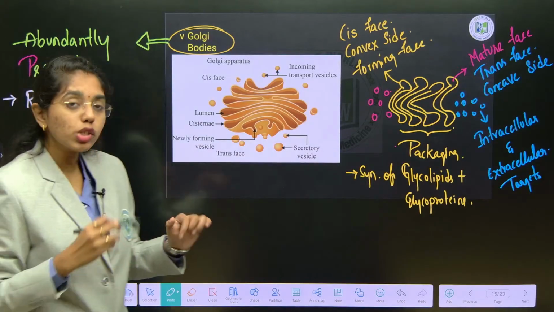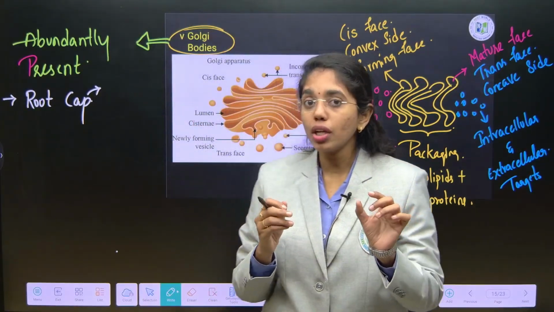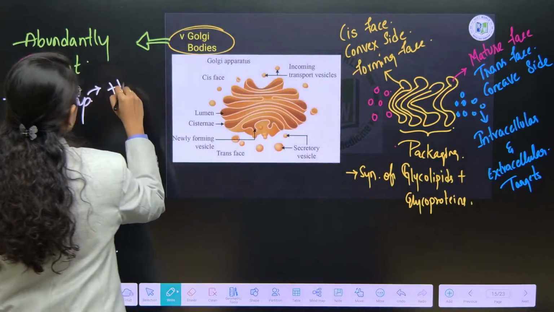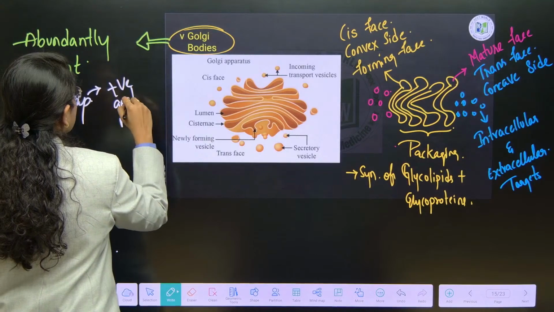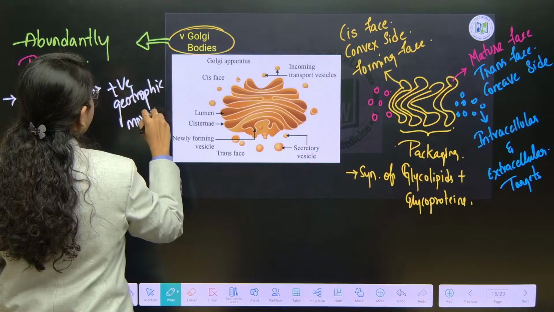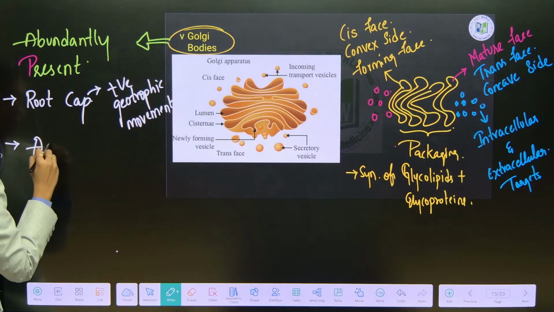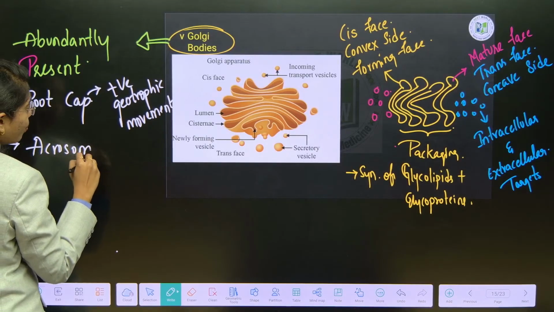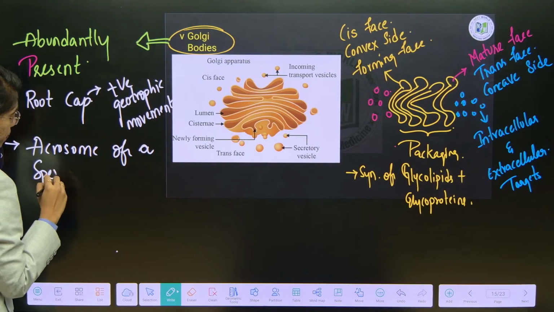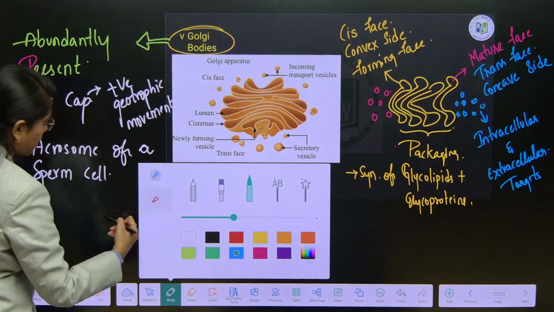As Golgi bodies will synthesize glycolipids and glycoproteins, they will help in lubrication and they will promote positive geotropic movement. And the next is they are abundantly present in the acrosome of a sperm cell.